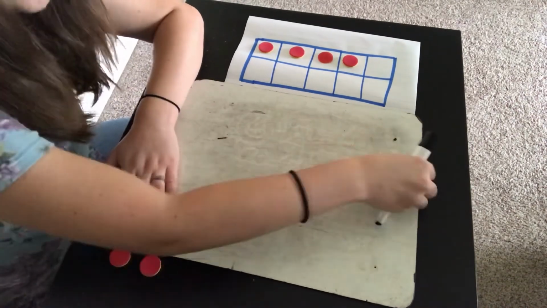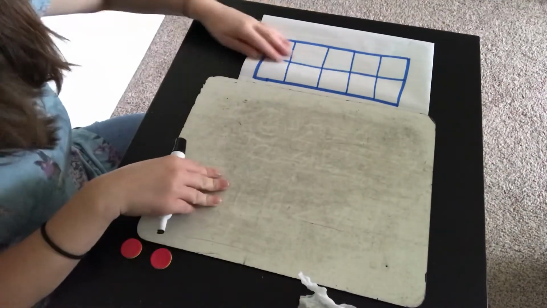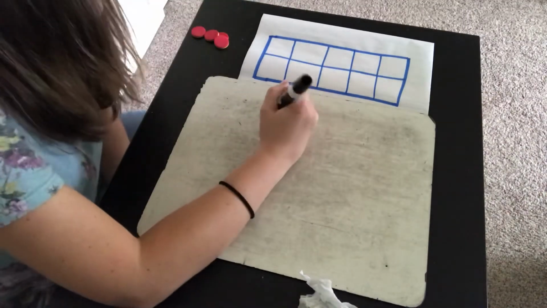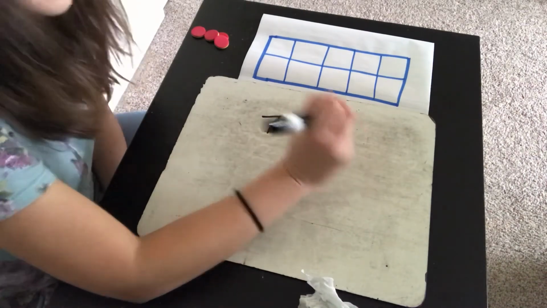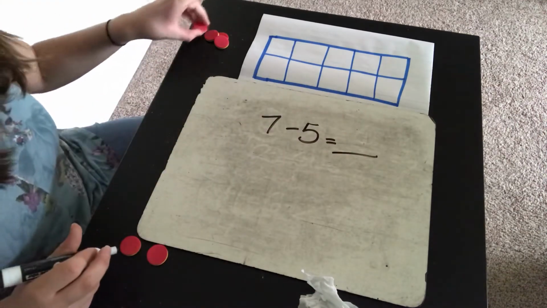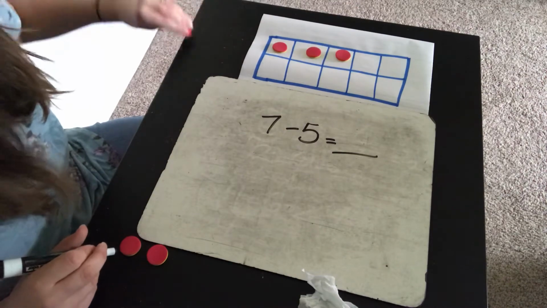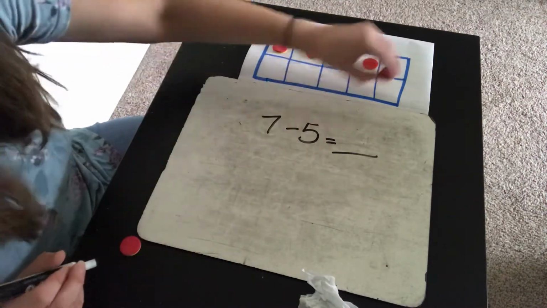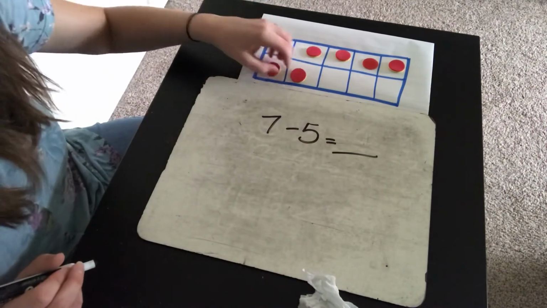Let's do another subtraction problem. How about 7 minus 5? Okay, well, let's start with 7. 1, 2, 3, 4, 5, 6, 7.